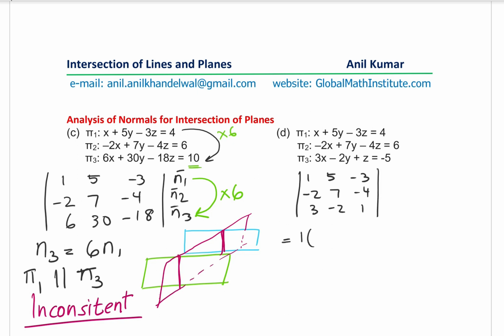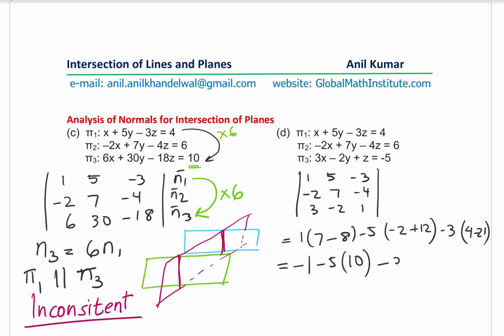So we get 1 times 7, minus 8, that is minus 1; minus 5 times 10; and minus 3 times minus 17, which is plus 51. So 1 minus 50 is minus 1, sorry, and that is plus 51. And so what we get here is 0.